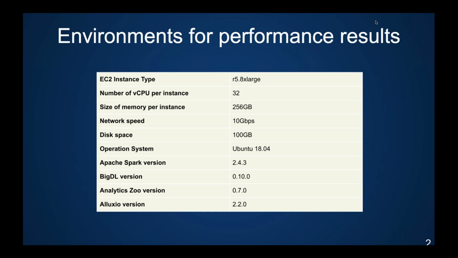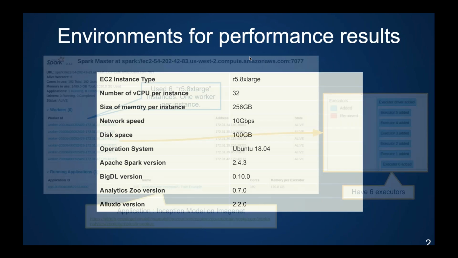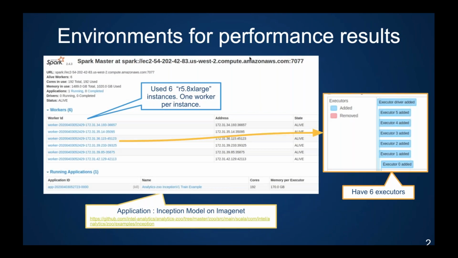In this case, we're using the AWS EC2 R5 8xlarge instance type for our experiment. We're using 32 vCPUs inside the instance, and we have 256 gigabytes of memory. Next slide. Overall, we use 6 R5 8xlarge instances, one worker per instance.